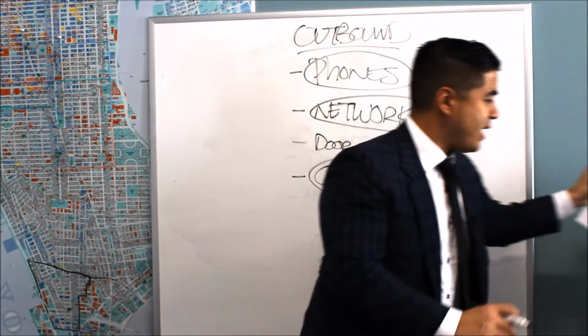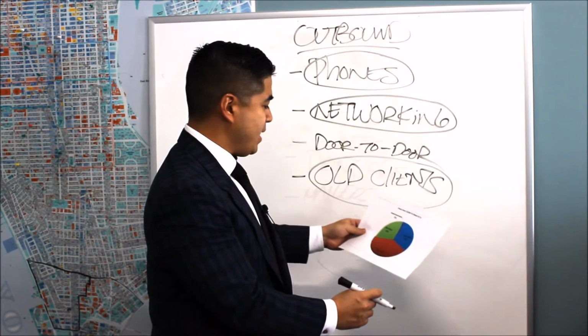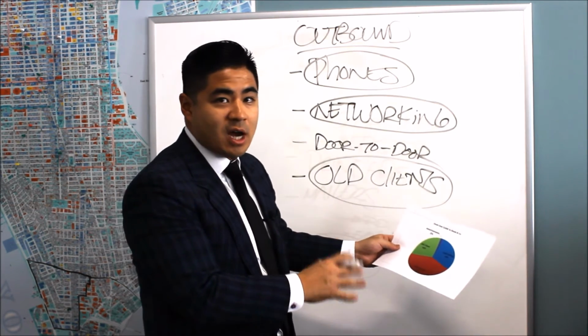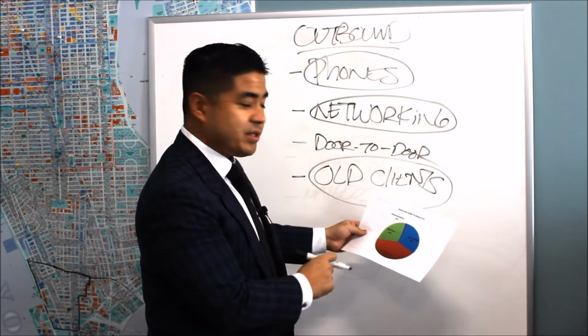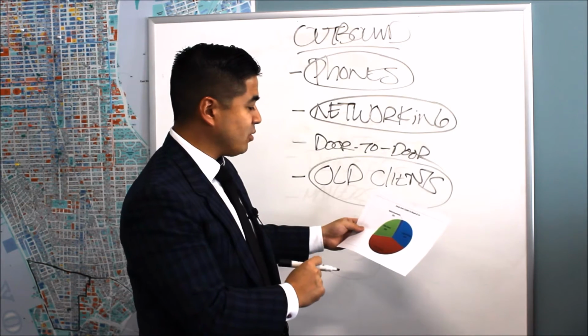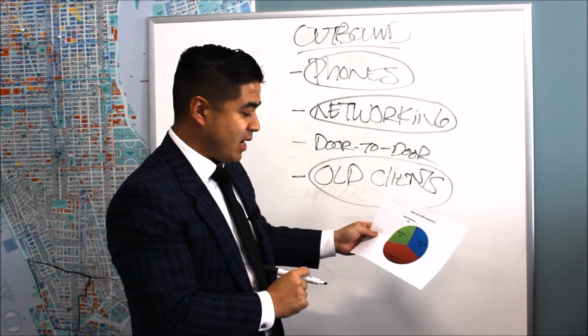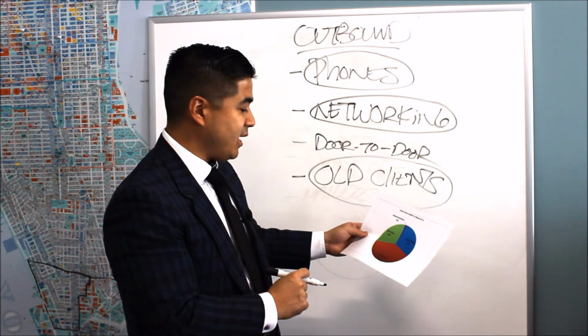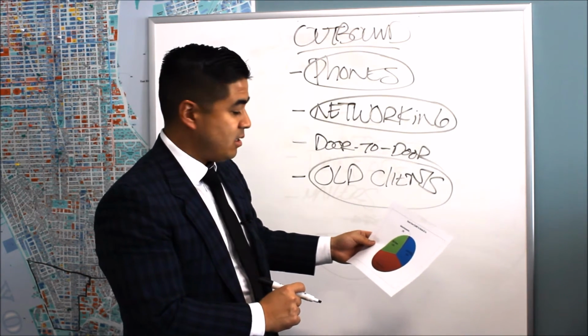Over here I have a graph that I made for my guys. For deals over $100,000, 2% came from advertising, 26% came from old clients, 30% came from cold calling, and 42% came from networking.